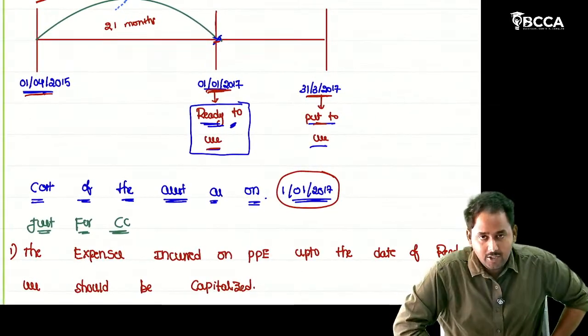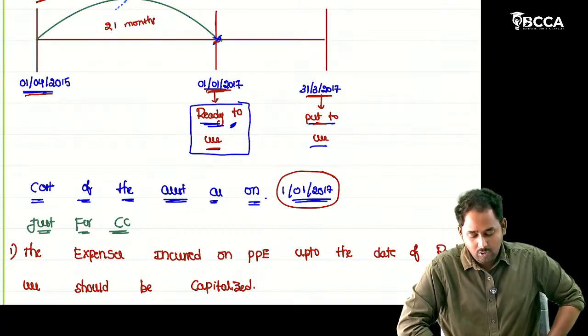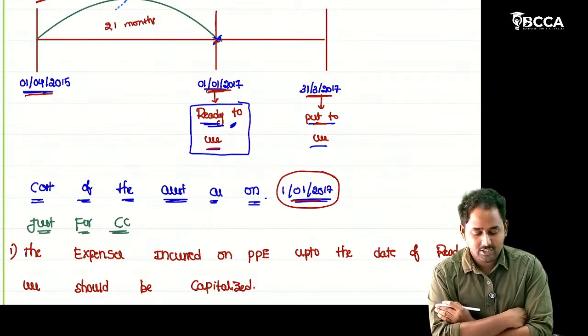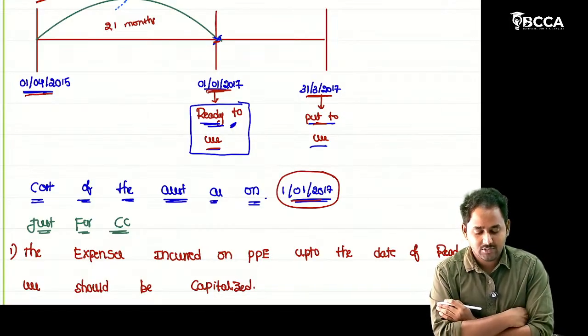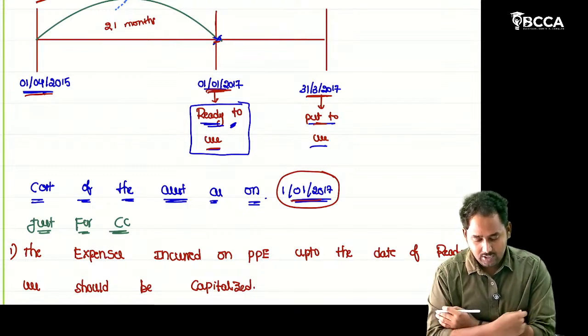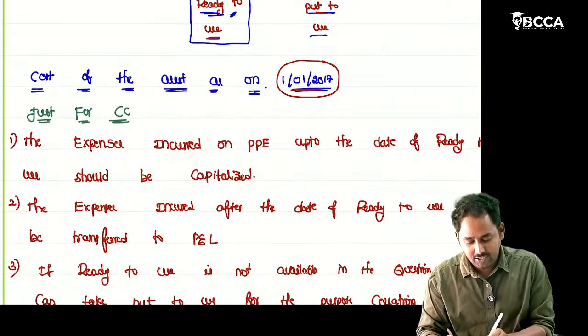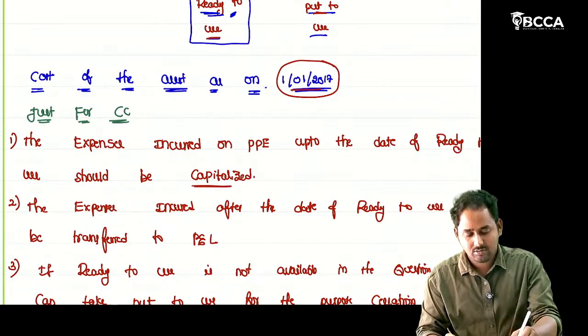So when should I recognize this asset in my books? On 1/1. So the cost of the asset as on 1/1/2017, because the machinery is ready to use in our business from 1/1/2017. Let's see. The expenses incurred on PPE up to the date of ready to use should be capitalized.